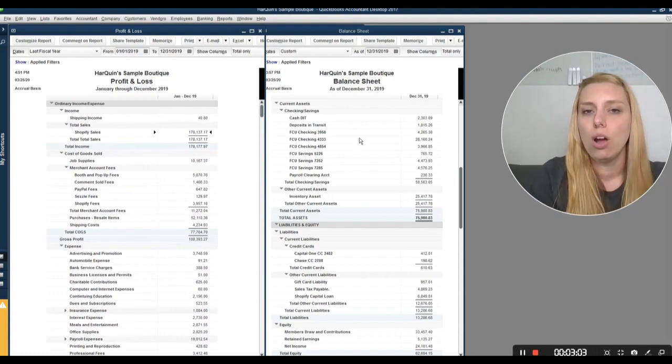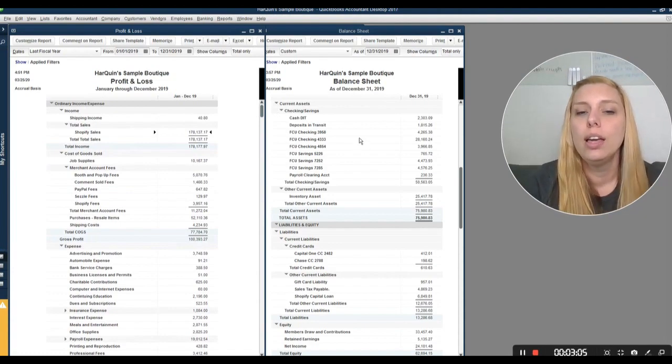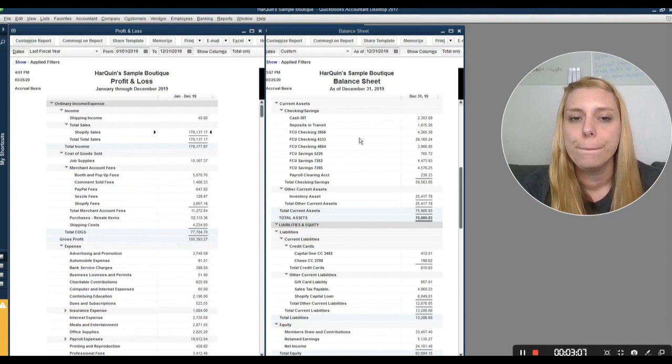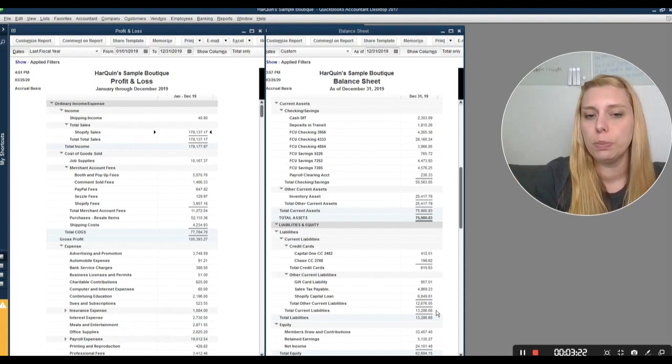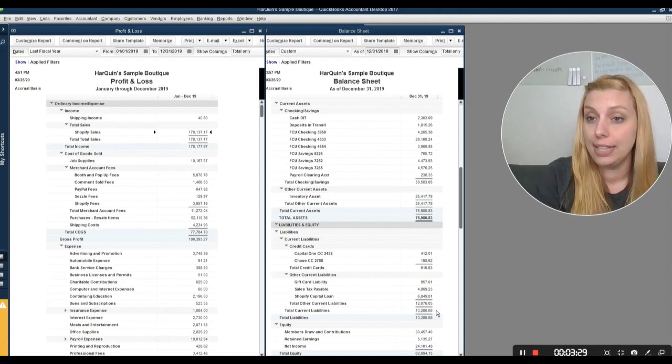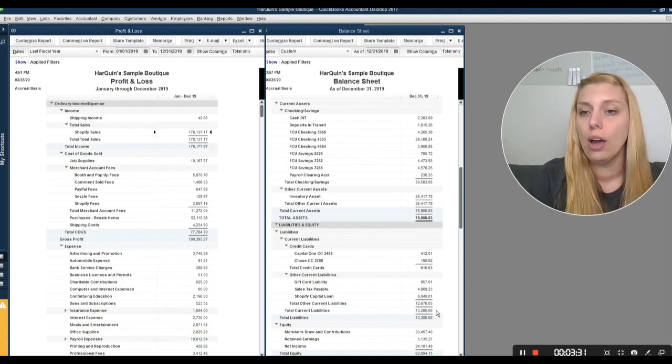On this right side, this is called your balance sheet. It's going to have your assets, which are things you own. So that's right here. Your checking account, cash, is stuff you own. Inventory is also stuff you own. Down here is liabilities, money that you owe to others. This particular sample boutique, HarQuin's sample boutique, has a Shopify loan. It owes money to the state for sales tax, and it also owes customers money for gift cards.